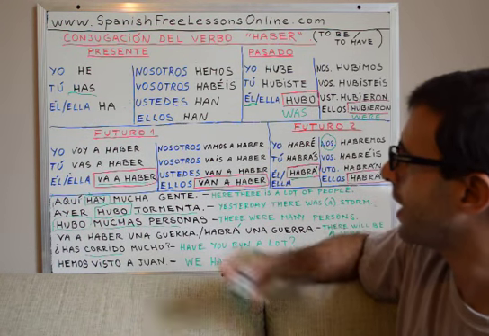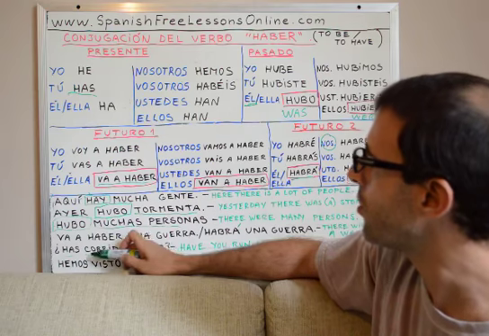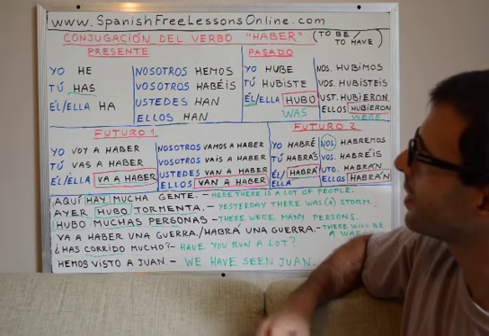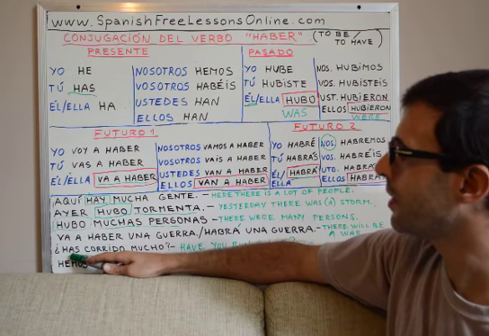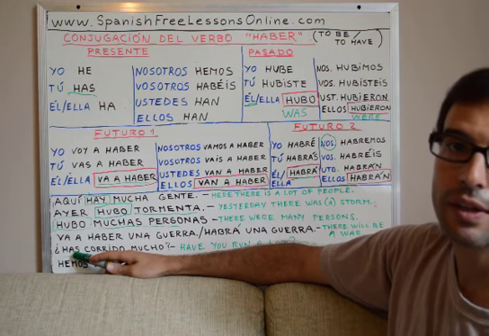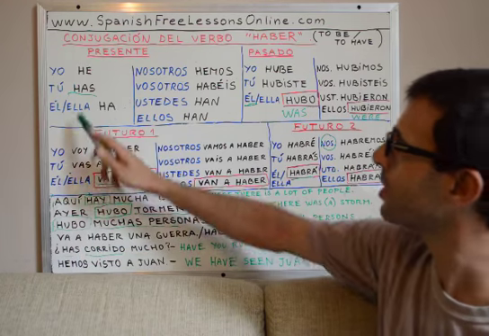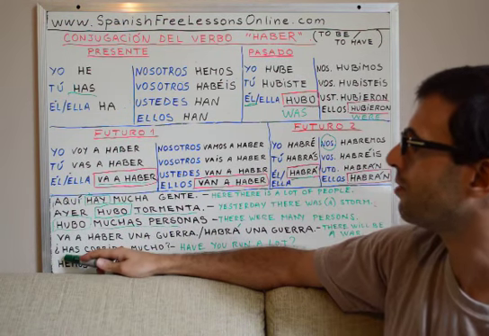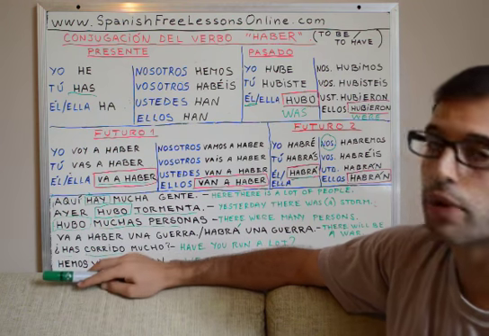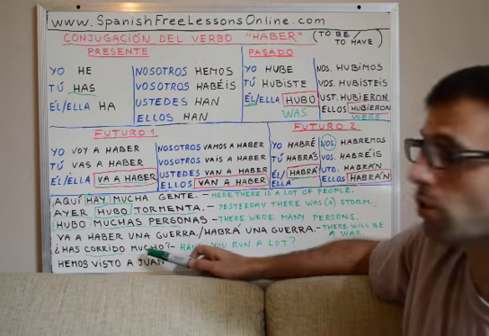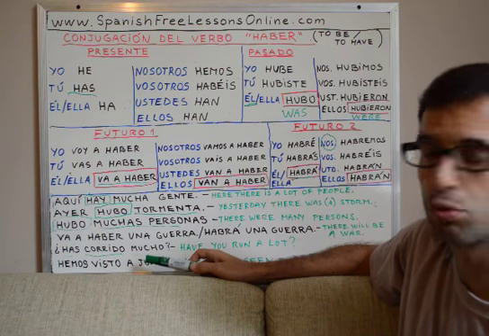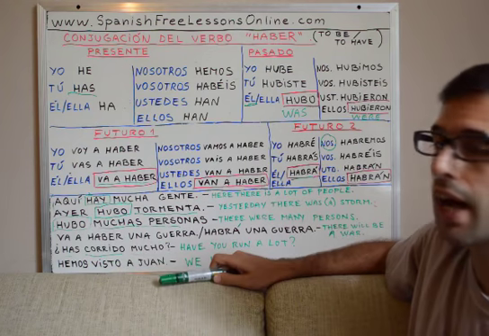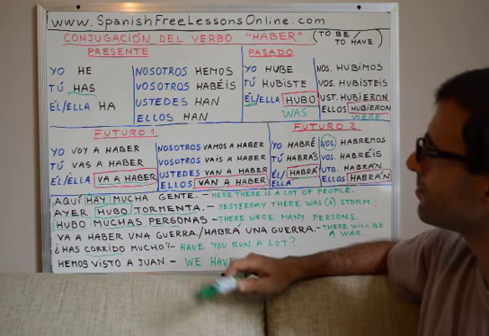So we are saying, have you run a lot? Remember that in Spanish we can omit the subject, tú, because it's implied in the conjugated verb. So it's okay to say tú has corrido mucho, but we don't need to say tú, so we can omit it and we just say has corrido mucho. Have you run a lot?